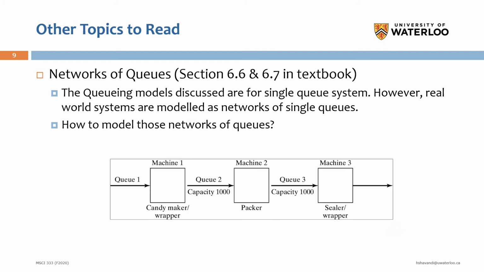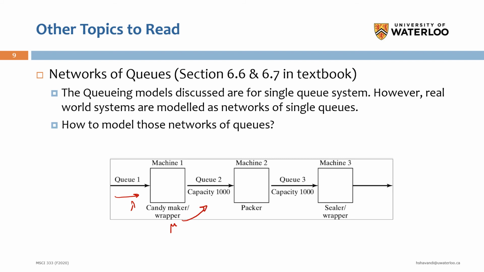The models that we had so far are simple and standard queuing models, but in the real world, we may have a network like this example, and as you see here, they are complex, right? So in this example, let's say the arrival rate to the first queue is lambda, and if we assume that the service rate is mu for machine 1, then this service rate will be the arrival rate for the second queue, right?